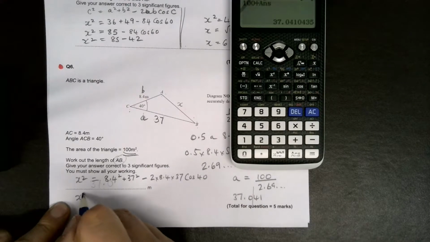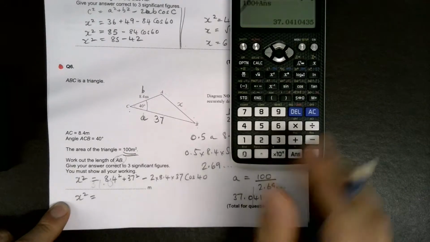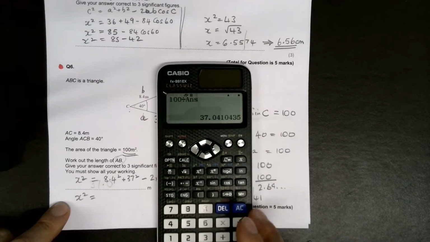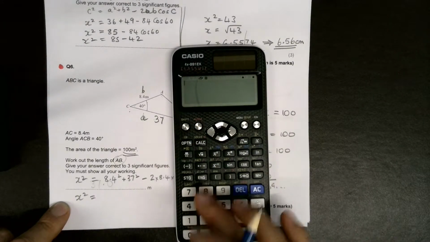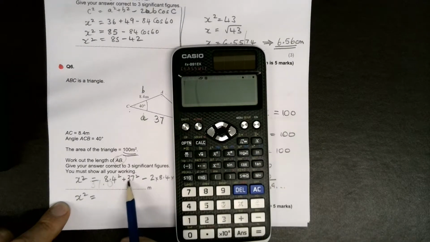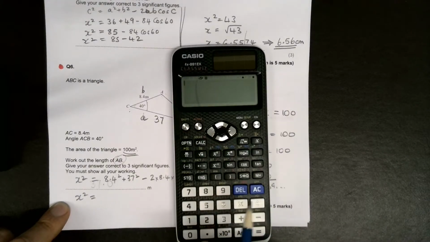Let's work out some of these numbers, and we'll do all of this together. Now normally I would say use the whole number that's left, which is 37. But in actual fact, because it rounded to 37.0, it is near enough 37. So I'm going to use that 37.